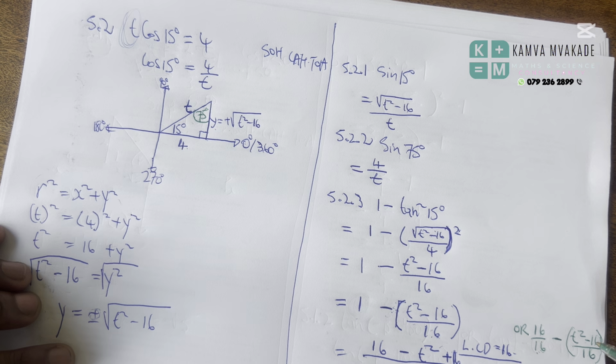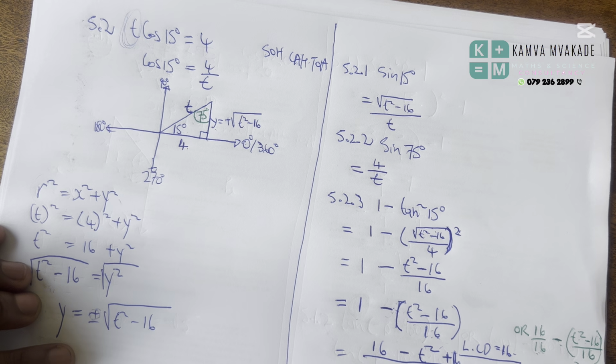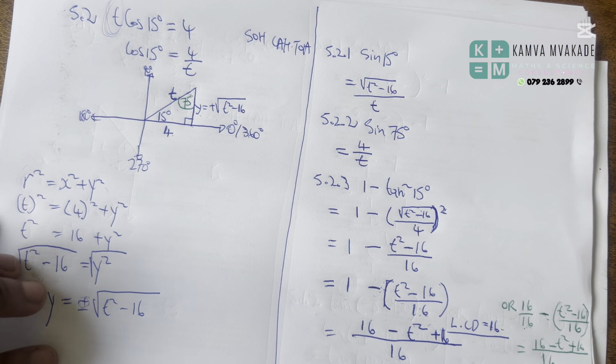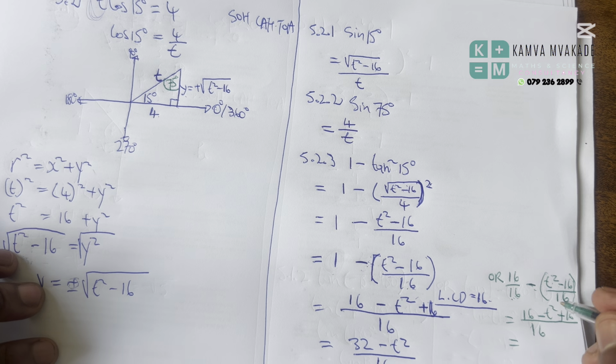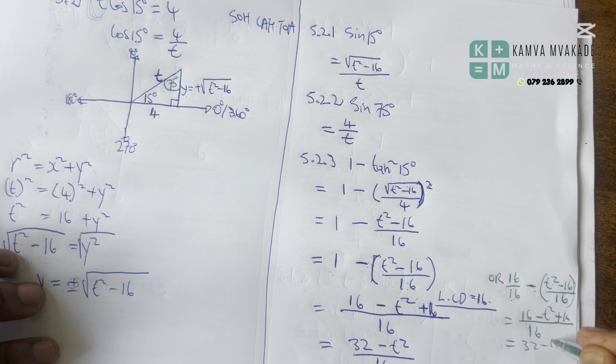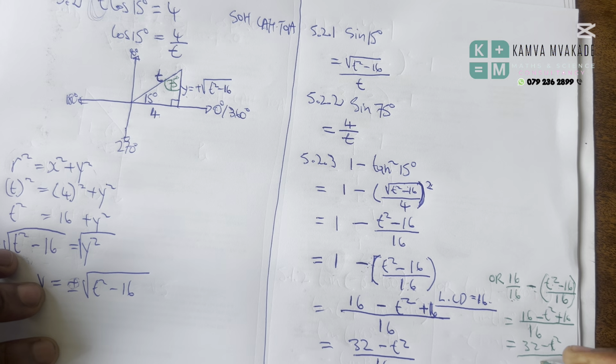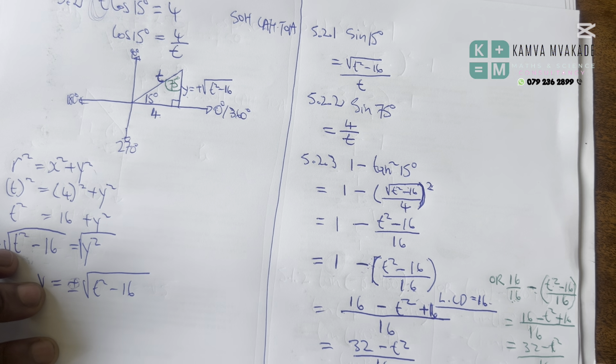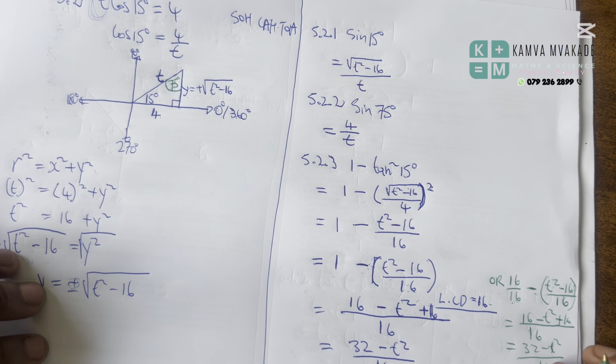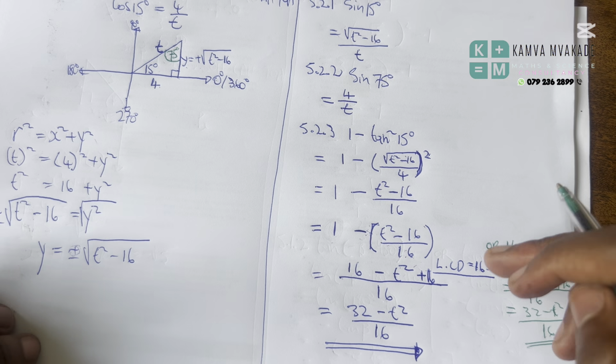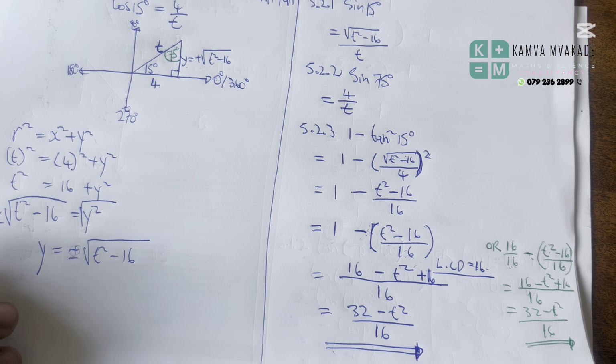We just work those out: 16, then minus t squared, and the negative times negative gives plus 16. So 16 plus 16 is 32 minus t squared, all over 16. That's how you can also work this part out.